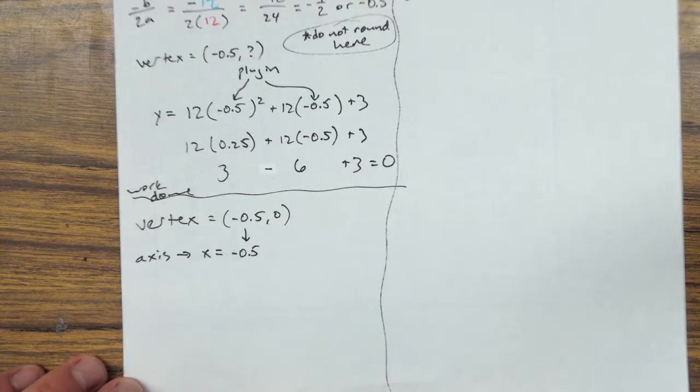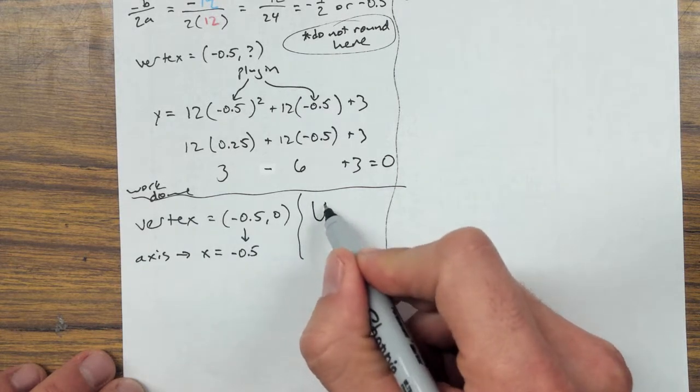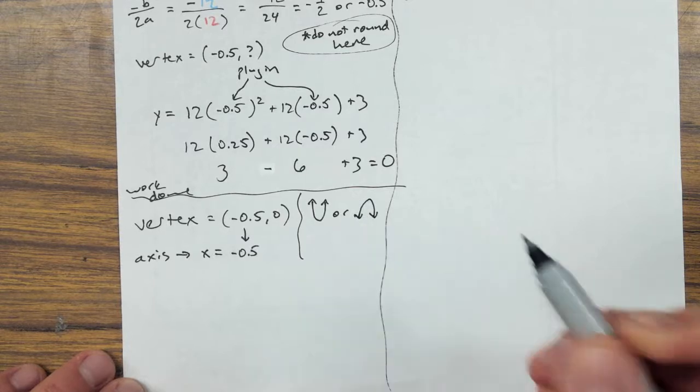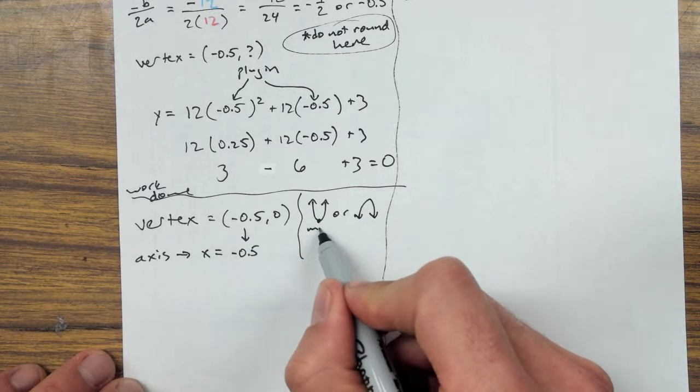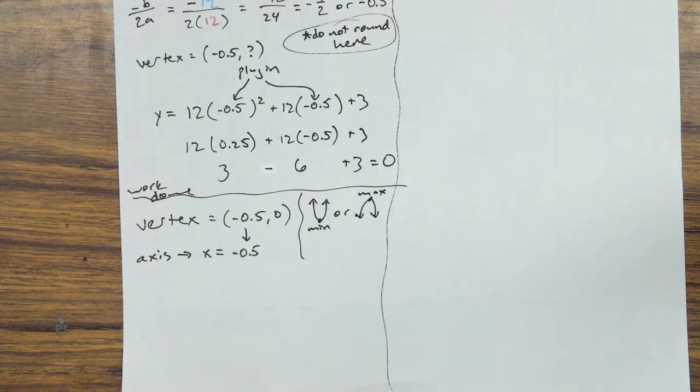Now, because of this, I want to ask you sort of like a side question. Does this problem open up, or is it going to open down? Is it going to have a min, or is it going to have a max?